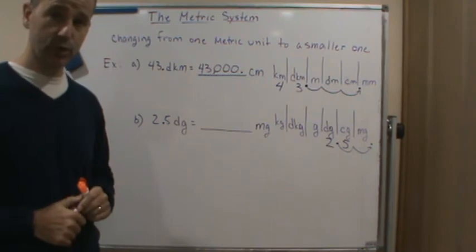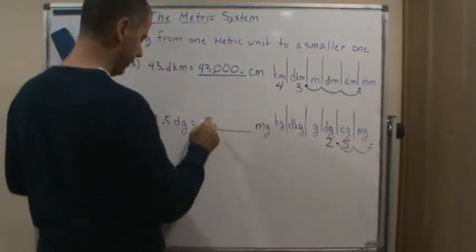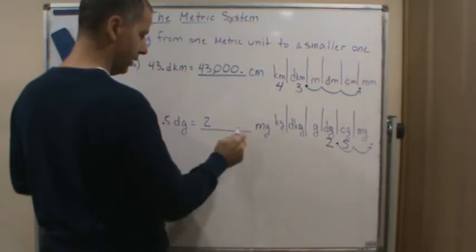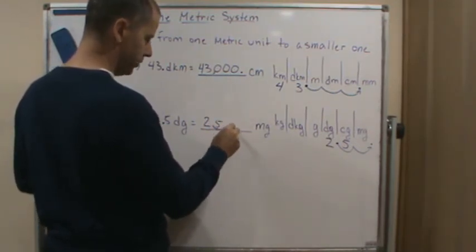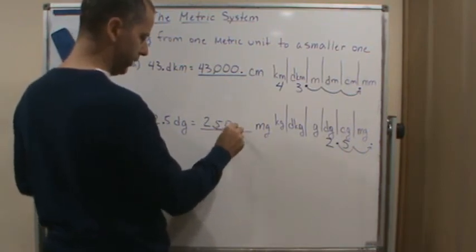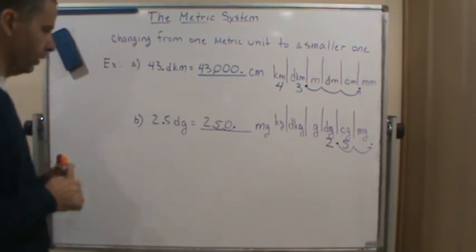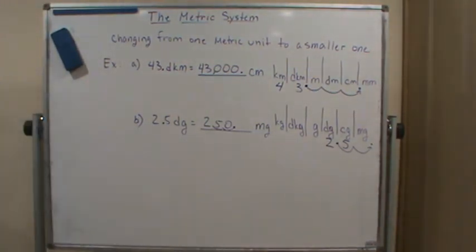That means I'm going to multiply by 100, 10 squared. I move over 1, 2 spots and fill in the missing place value with a 0. And so 2.5 decigrams is the same as 250 milligrams.